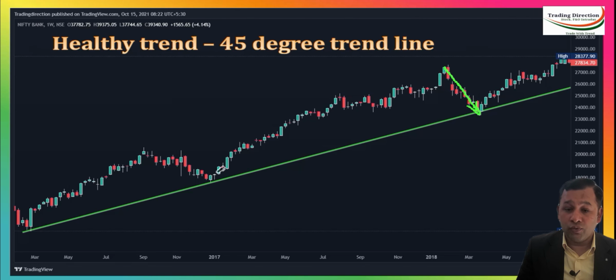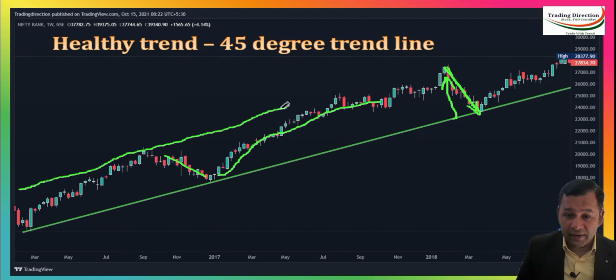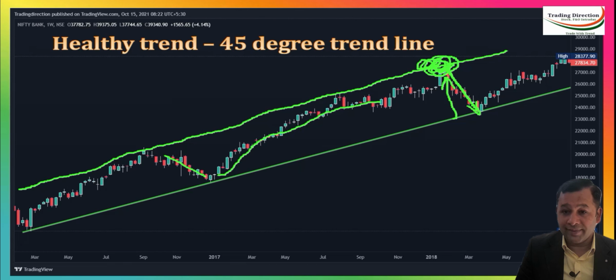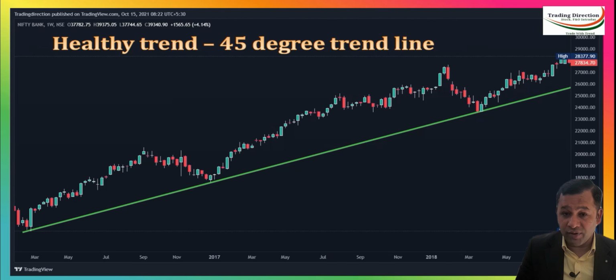Whenever this is an uptrend with a fast pullback, whenever the prices are moving very far away and touching the higher trend line, you should remember you should not go for the long entry here. When the price action forms this 180 reversal pattern, here you can take a short entry until it touches the bottom trend line.